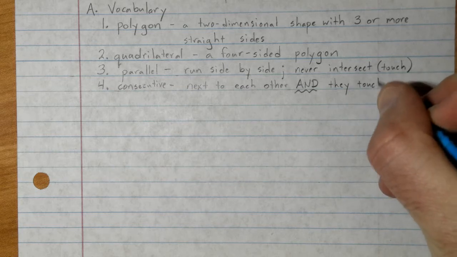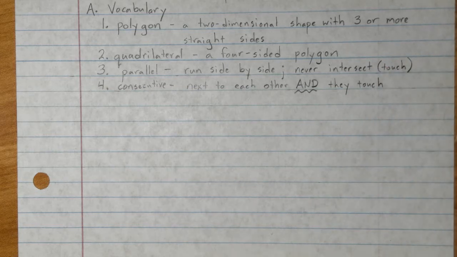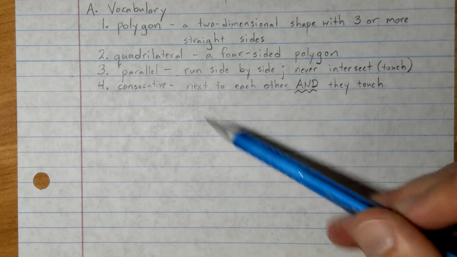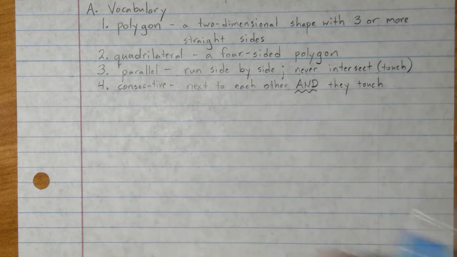They're connected. So again, much different than parallel lines. Consecutive lines, they're right next to each other. Okay, they're touching. Usually we talk about consecutive lines that make angles, and we will be dealing with that during our class lesson. We'll talk a little bit about it down here as well.